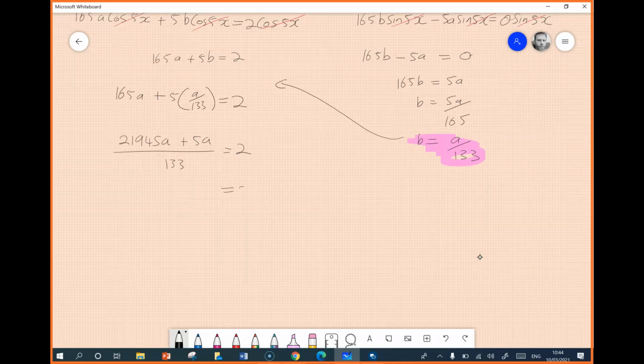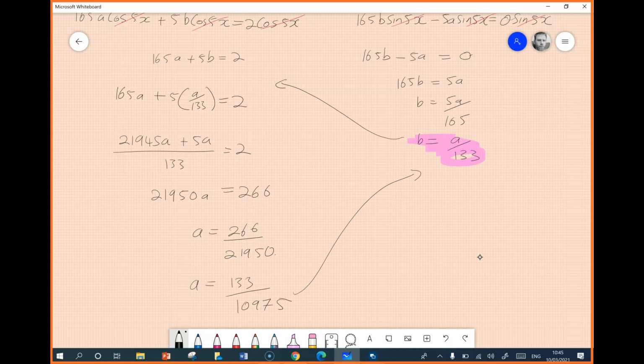That'll give me 66, and 5445 plus 5 giving me 5450a equals 66. So a equals 66 over 5450. So 66 divided by 5450, giving me a being 33 over 2725. And just keep an eye out for silly mistakes that I may have made.